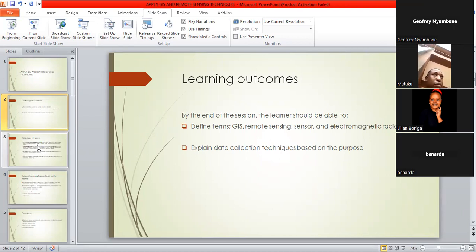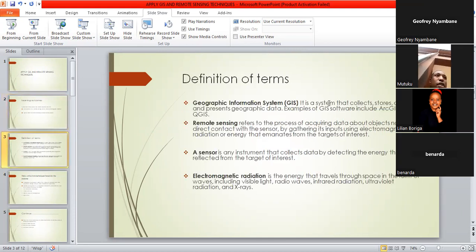Bernarda, unmute your mic. Electromagnetic radiation is the energy that travels through space in the form of waves, including visible light, radio waves, infrared radiation, ultraviolet radiation and X-rays. Okay, thank you, Bernarda.